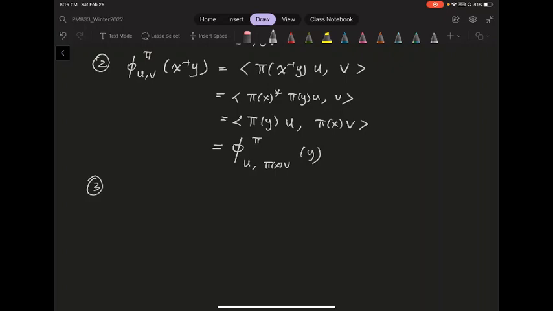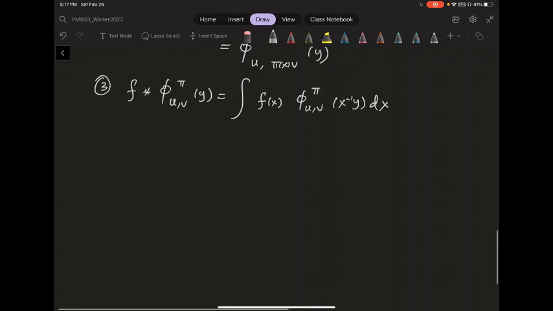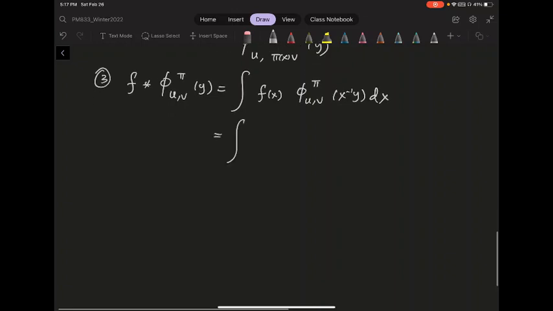And finally, if you want to show it's a two-sided ideal in the L1 space, so if I convolute with any f on the left, let's say f convolute with the phi of u, v, pi of y, let's just write out the definition. This is the integral of f of x times phi u, v, pi of x inverse y dx, okay, so that's the definition of convolution. And let's just write it out by definition. So this is f of x times the inner product of pi of x inverse y tested on u with v, dx.